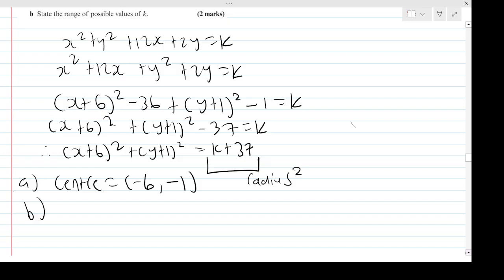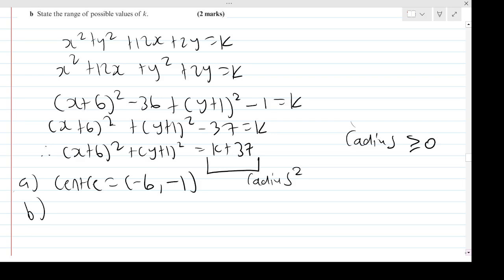Now, because it's a length, it has to be positive. It cannot be negative, okay? A circle with a negative radius is nonsensical. It's not a thing. Every length has to be non-negative, right? It cannot be negative.